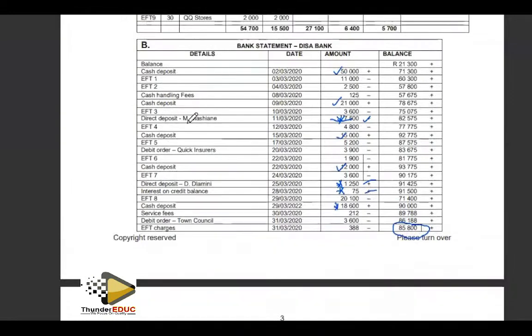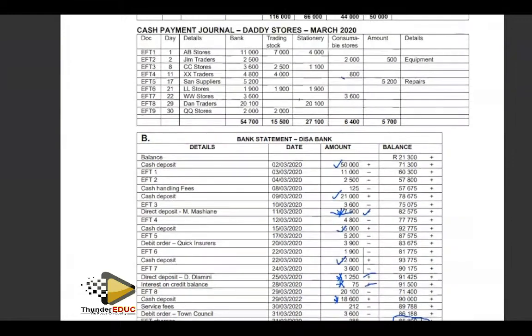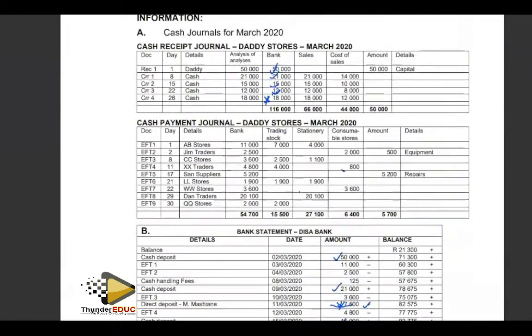Then, what we have to do now is go and compare our cash payments journal and the debit side of the bank statement, okay? Where is the cash payments journal?